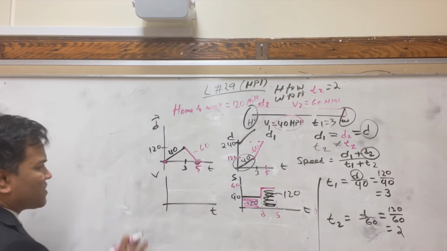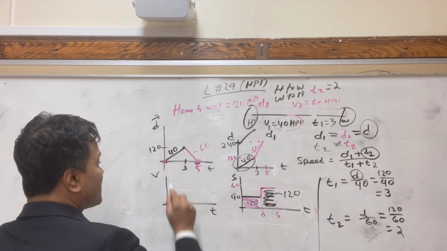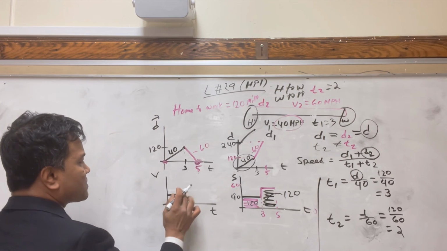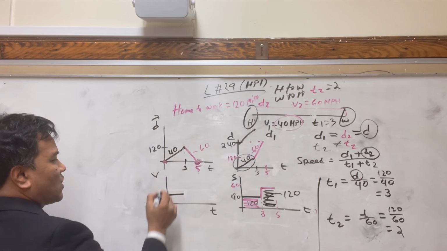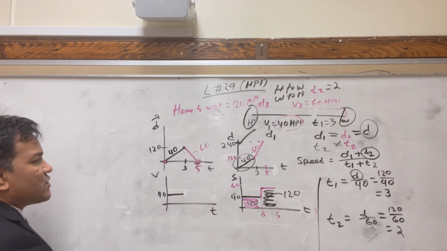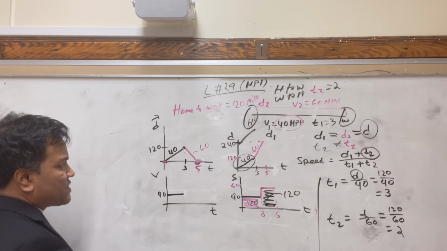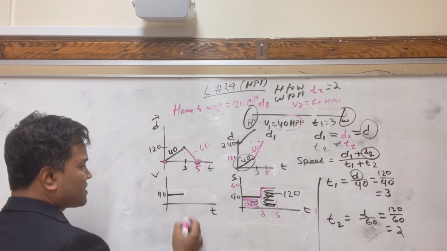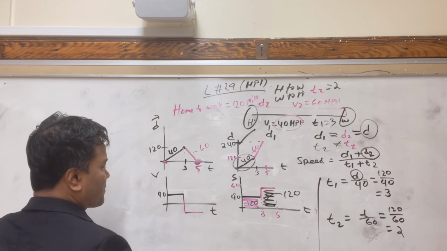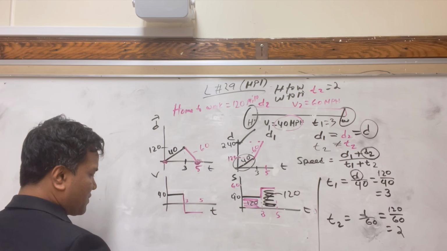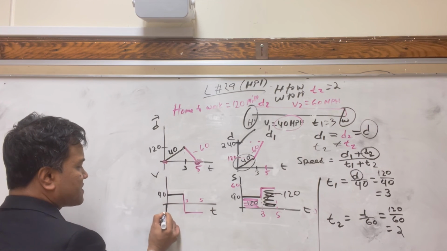All right, now we're going to take the derivative. When we take the derivative of a diagonal line, we get a horizontal line with the slope 40. If you take the derivative of a negative diagonal line, you get a negative horizontal line. So this is your 3 and this is your 5, and this is your negative 60.